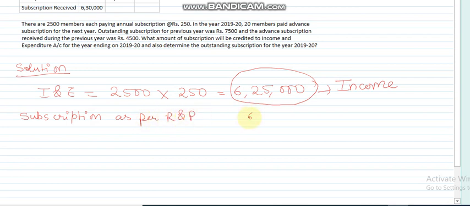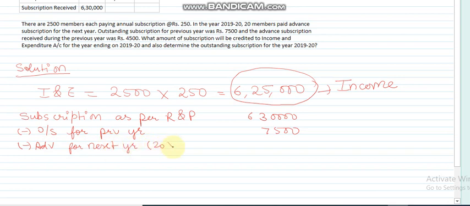6,30,000. Now we will subtract from it the figures that are not related to the current year, that is the outstanding subscription for the previous year, which is of rupees 7,500, and the advance subscription for the next year, as it has been given that 20 members have paid advance subscription.